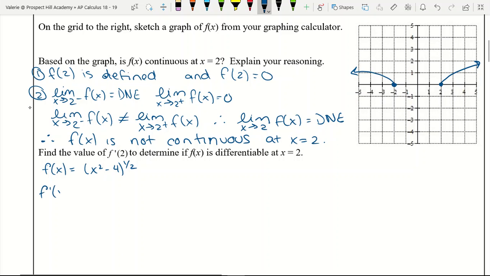Therefore, the derivative of f of x is equal to 1/2 times x squared minus 4 to the negative 1/2 times 2x, because this is chain rule to find the derivative. The 2's will cancel here, so the derivative of f of x is equal to x over square root of x squared minus 4.